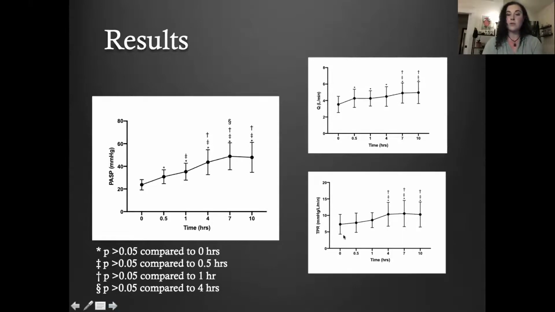There's a similar trend with our total pulmonary resistance as well. Interestingly, though, we don't really see a response until right around 4 hours, indicating that there's likely not much vasoconstriction happening until that time, and that vasoconstriction isn't causing this initial increase in pulmonary pressure. That initial increase is likely due to the cardiac output.